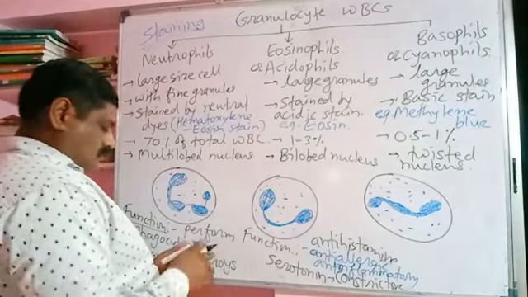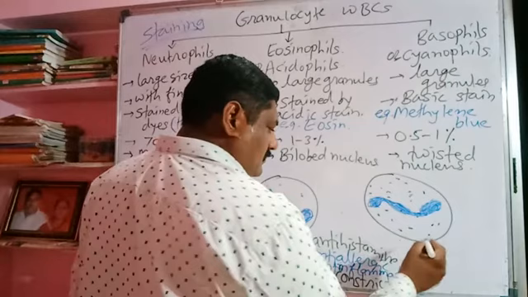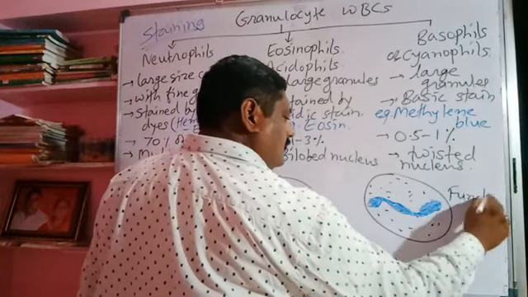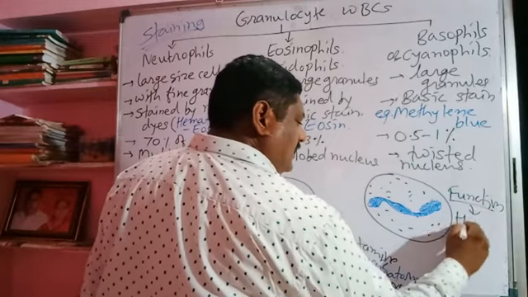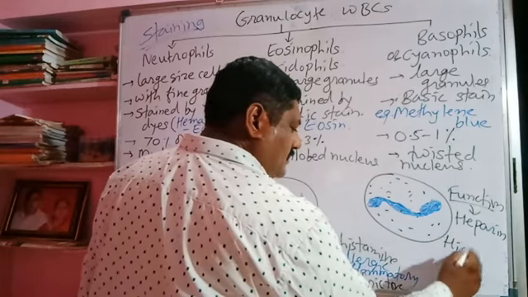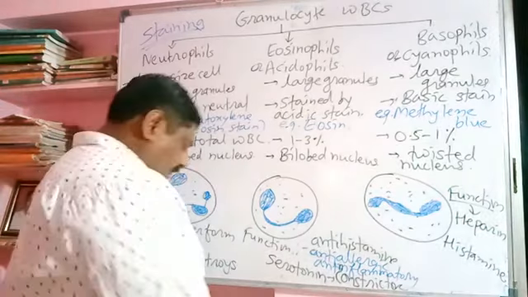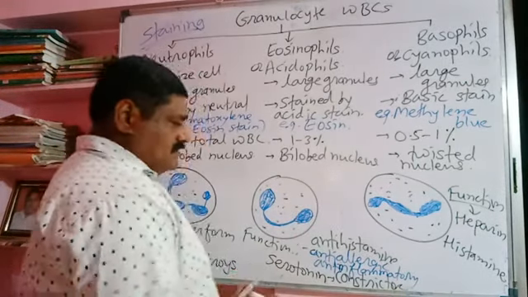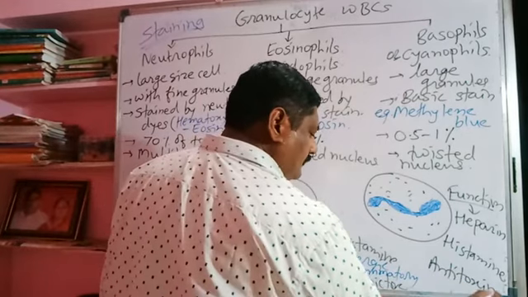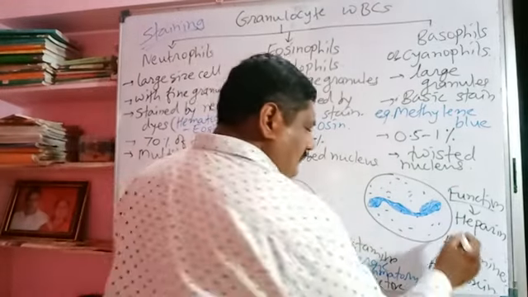Basophil. These cells secrete heparin and histamine. Function: heparin acts as an anticoagulant and prevents clotting of the blood.